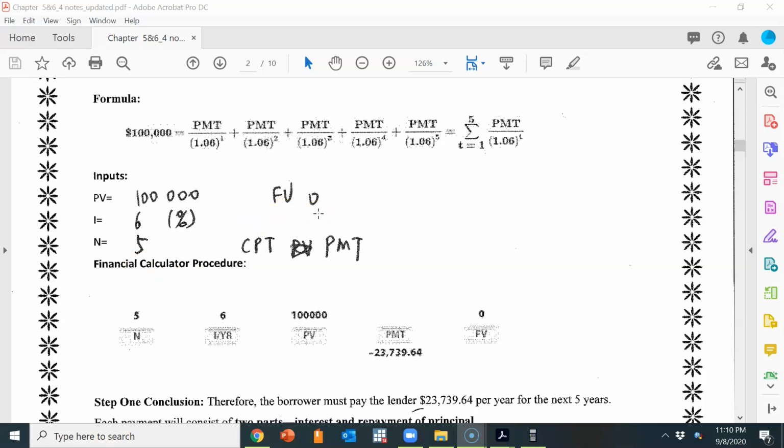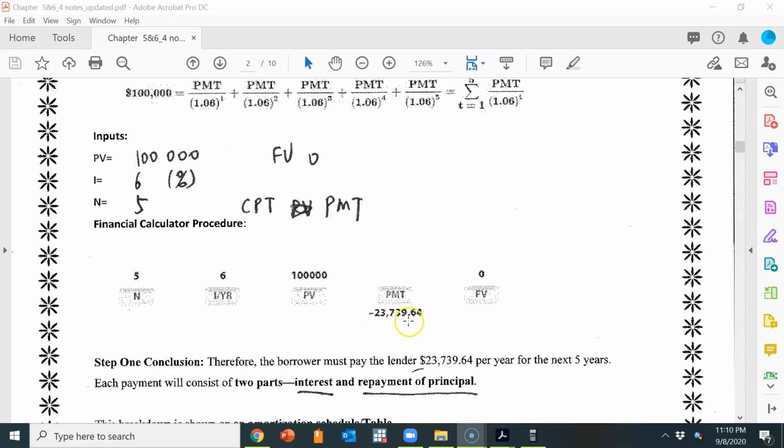After 5 years, the balance is going to be 0 in the account. Okay, and we compute for payment. We should get a negative amount, negative 23,739.64. This is the amount you're going to be paying at the end of each year for 5 years. So it's worth 100,000 today.